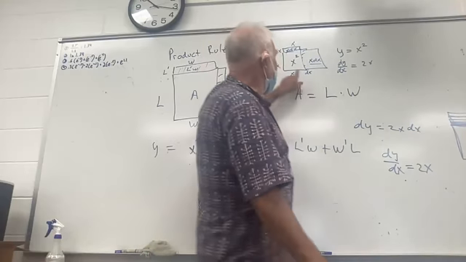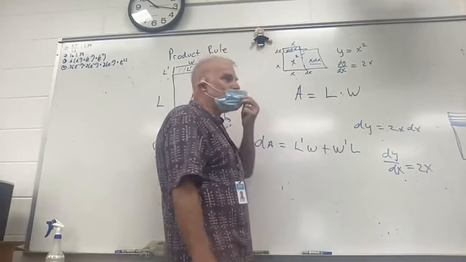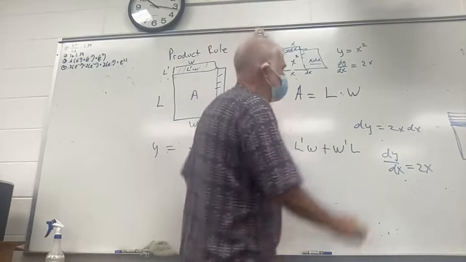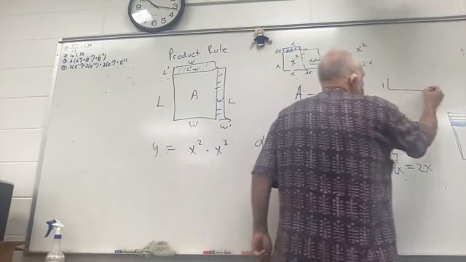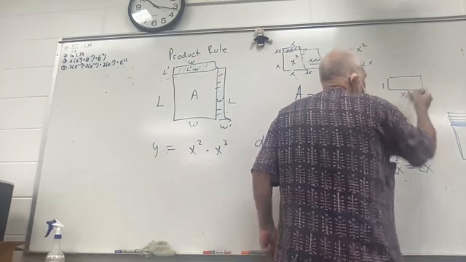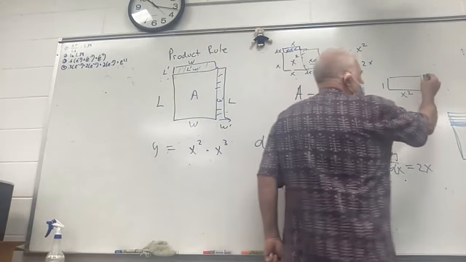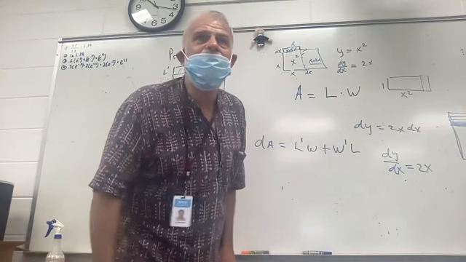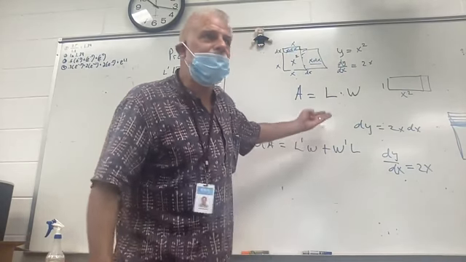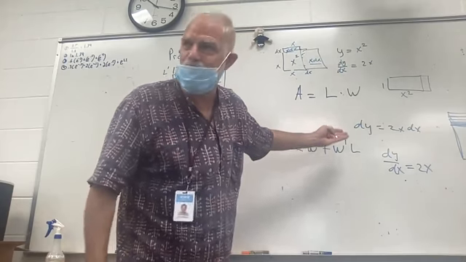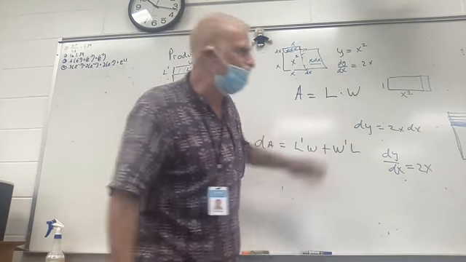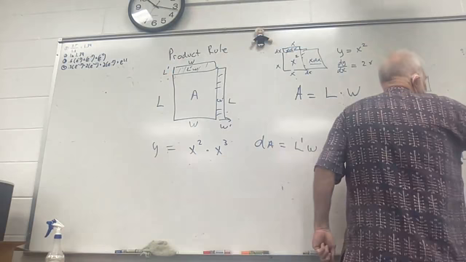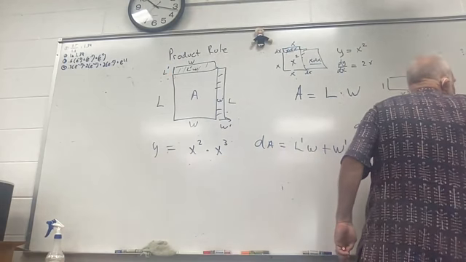Now if I reconfigured this to be a rectangle, with 1 x squared as that length, then what is this layer of change? It's got to be 2x dx. It's the same function, just drawn differently, so its differential equation has to be the same.